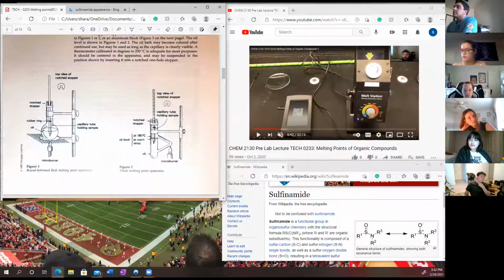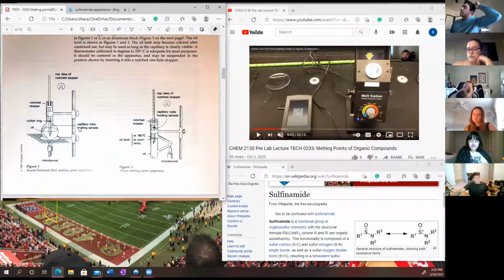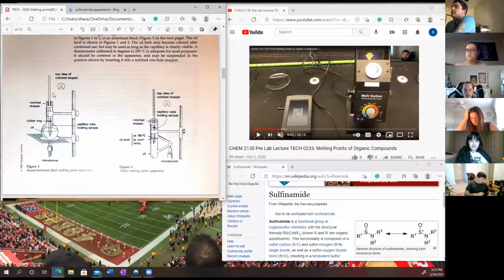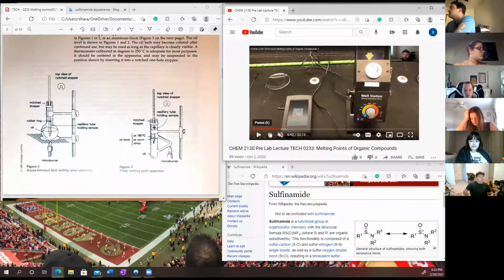So you guys are gonna see an apparatus that kind of looks like this in the laboratory that you'll be using. Like I said, if this apparatus were slightly tilted, it would mess up your experiment, and then you'd probably have to redo it again. You would put in your solid, which I'm going to show in the video.